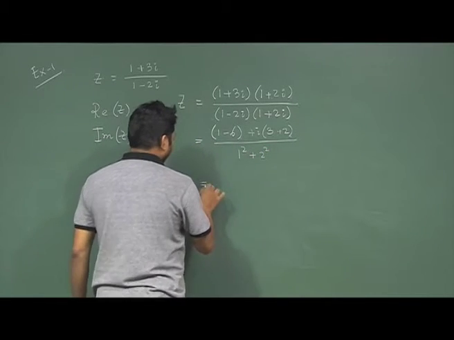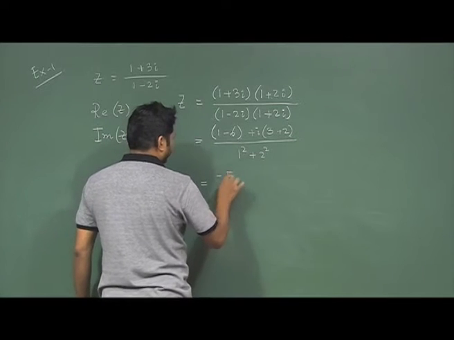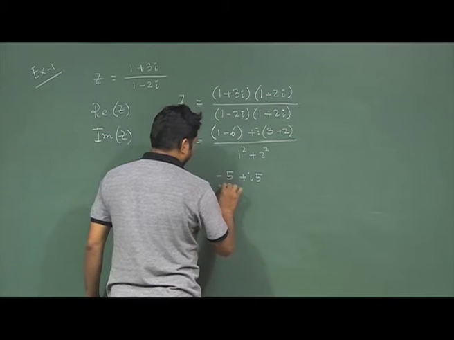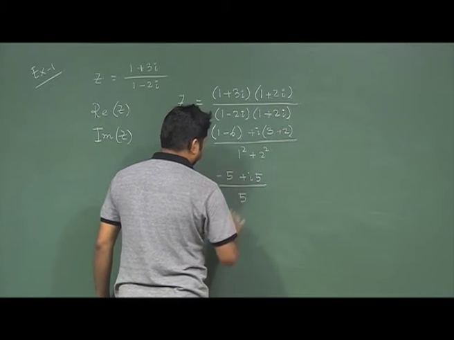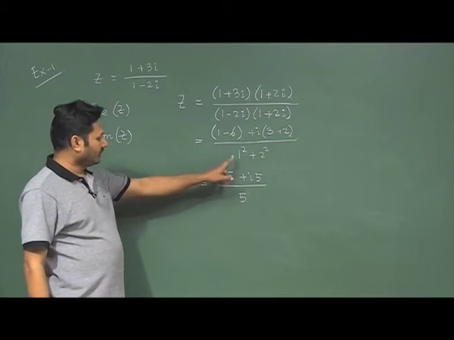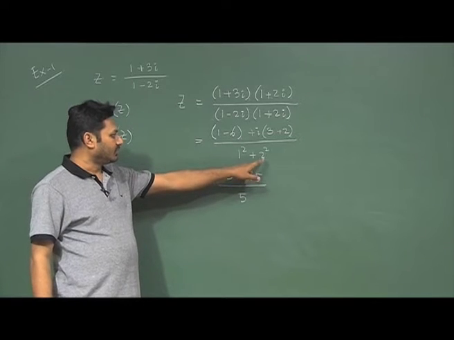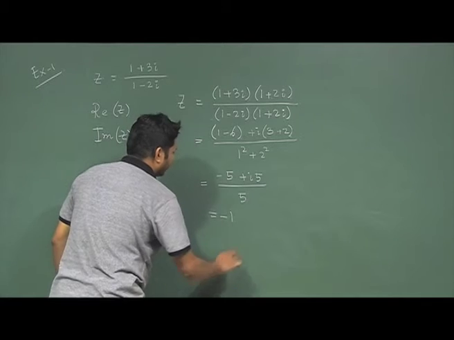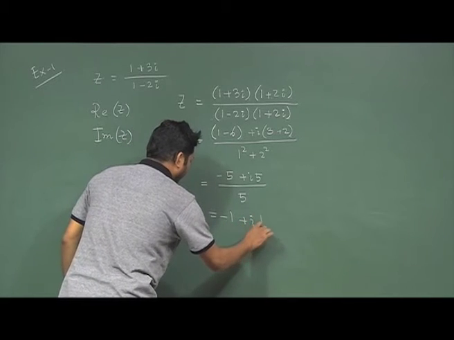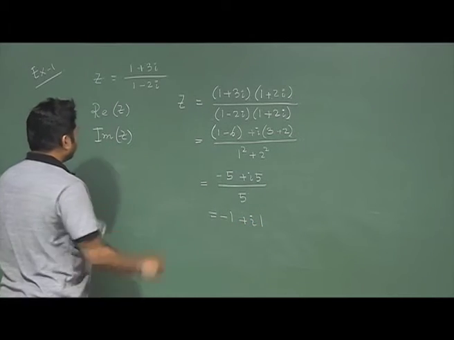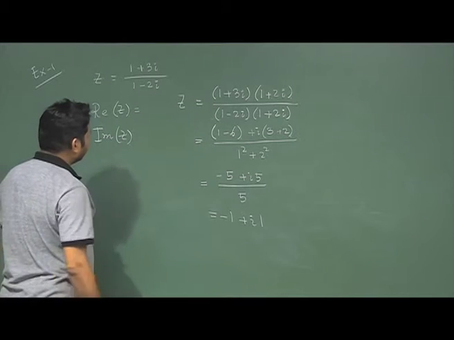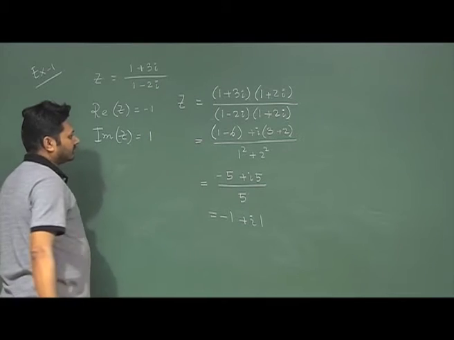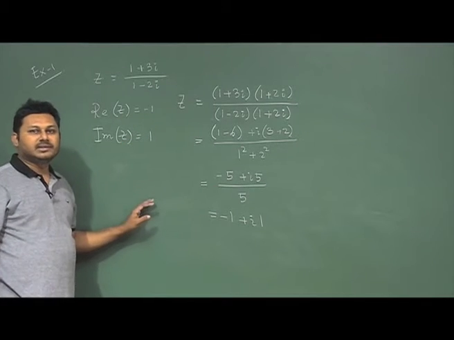So I will have minus 5 plus I 5 divided by 5, since 1 square plus 2 square is 4 plus 1, which is 5. So I will have minus 1 plus I 1. So the real part of this z comes out to be minus 1, and the imaginary part is 1. So the solution is this.